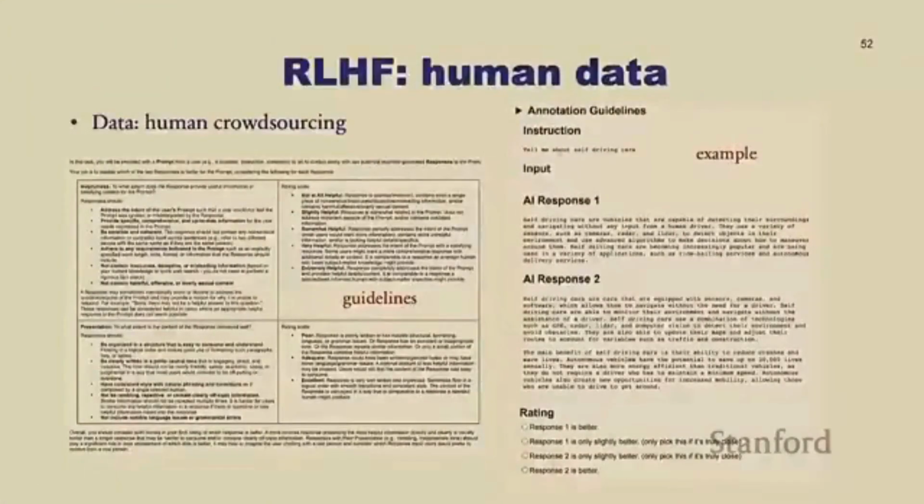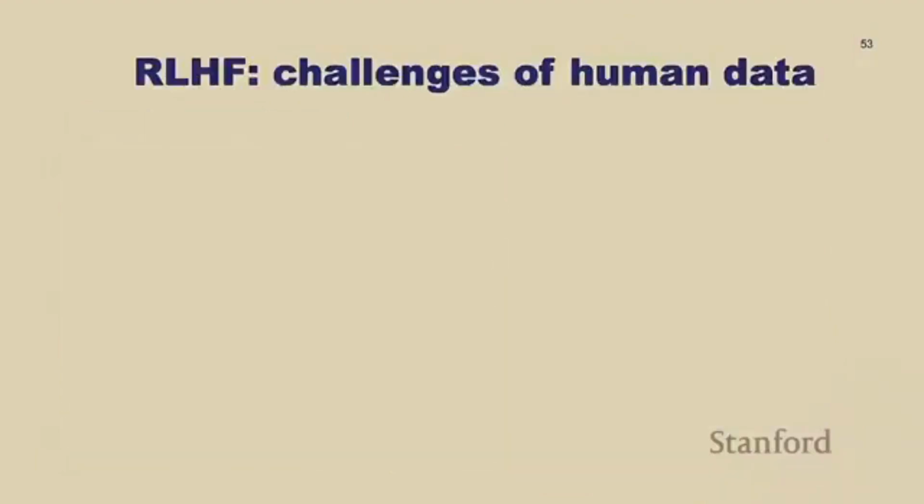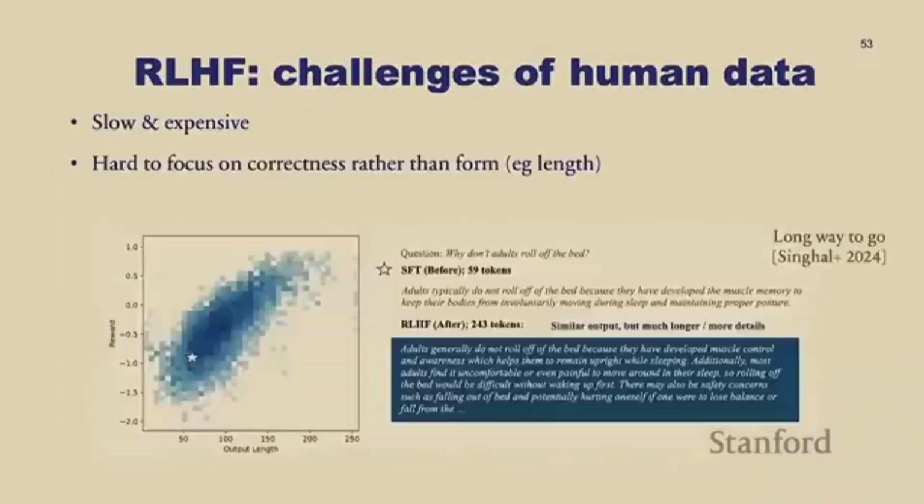As a result, the problem with humans is that you will start optimizing a lot of high-level features. For example, the second one is longer. I can guarantee you that most humans will choose the second one, even though maybe the first one is better. I don't know, I haven't read it carefully. So challenges with humans: first, slow and expensive.